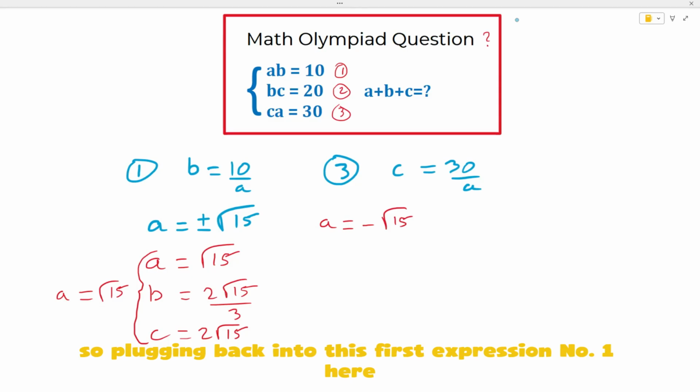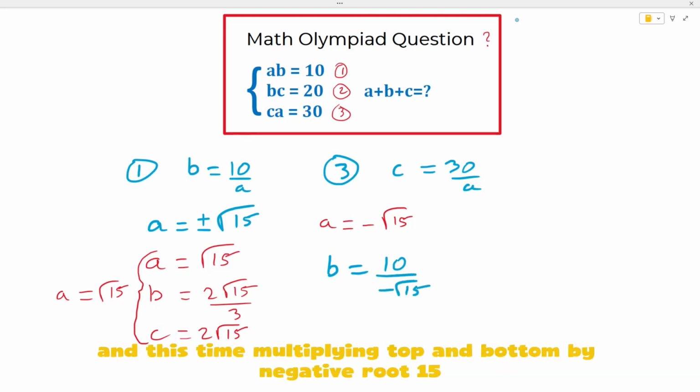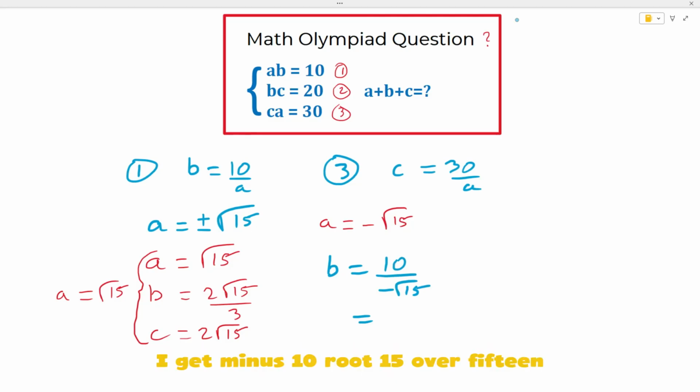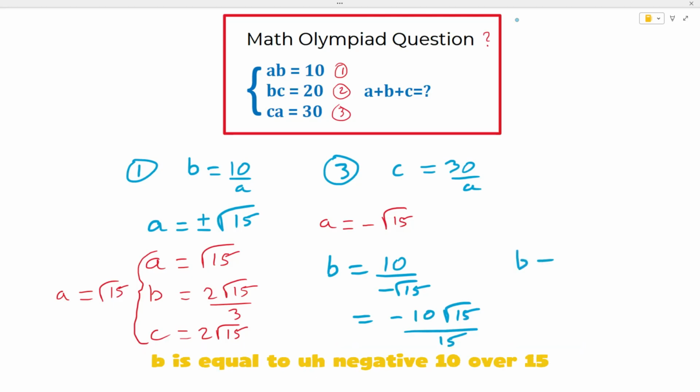Plugging back into this first expression, b is equal to 10 over the negative root of 15. This time, multiplying top and bottom by negative root 15, I get minus 10 root 15 over 15. It's a solution that's relatively similar to what we had before. B is equal to negative 10 over 15, which simplifies nicely if I divide both by 5.